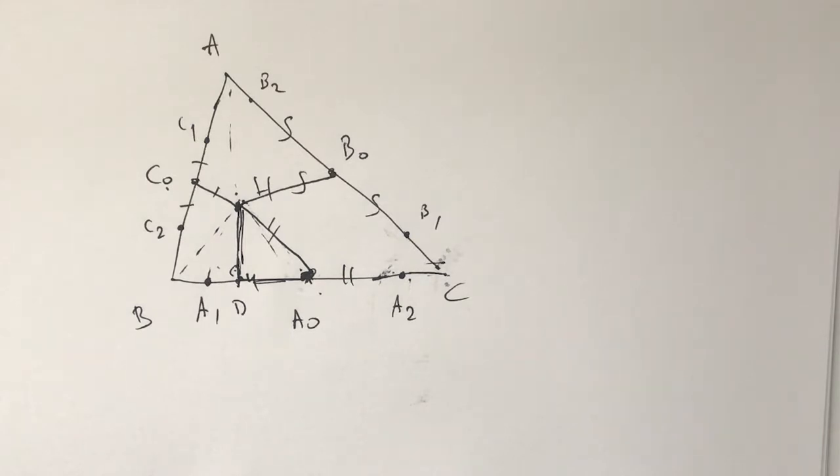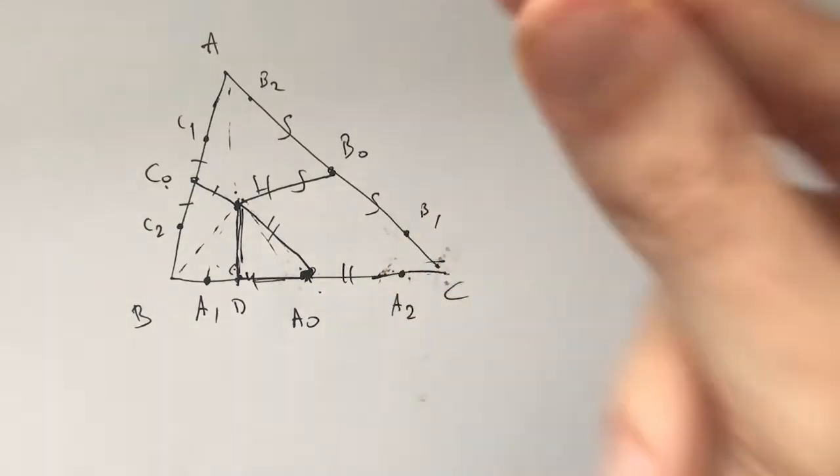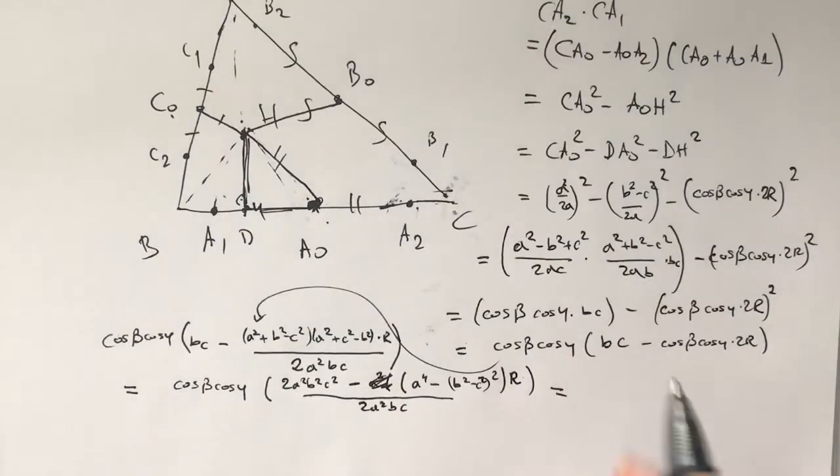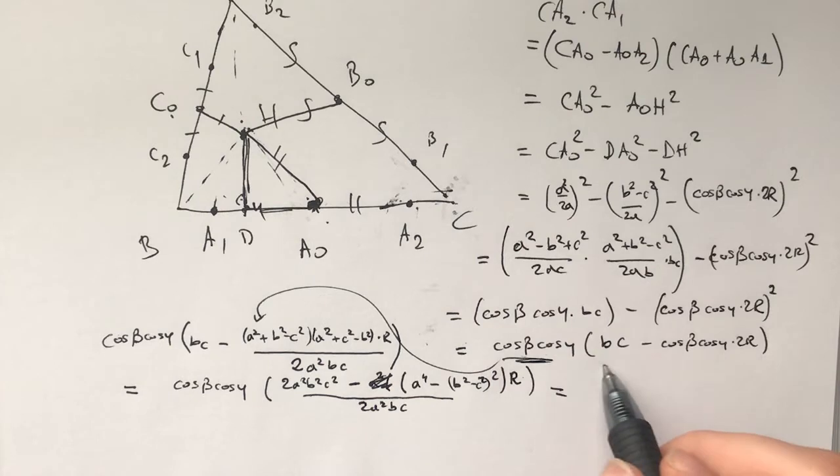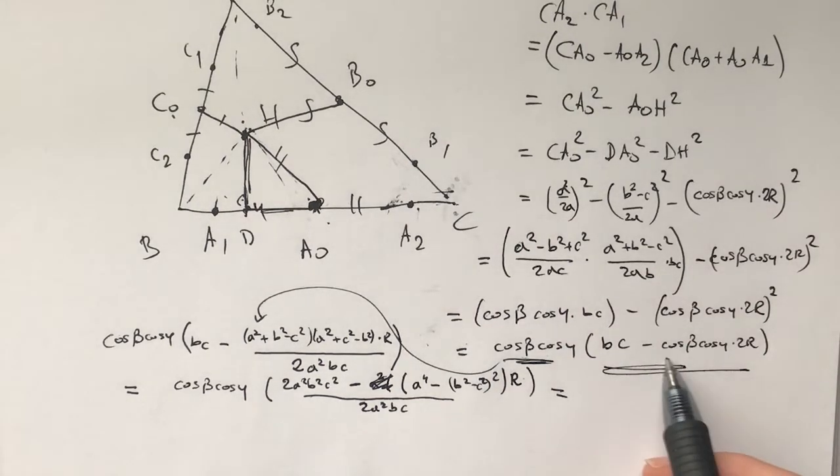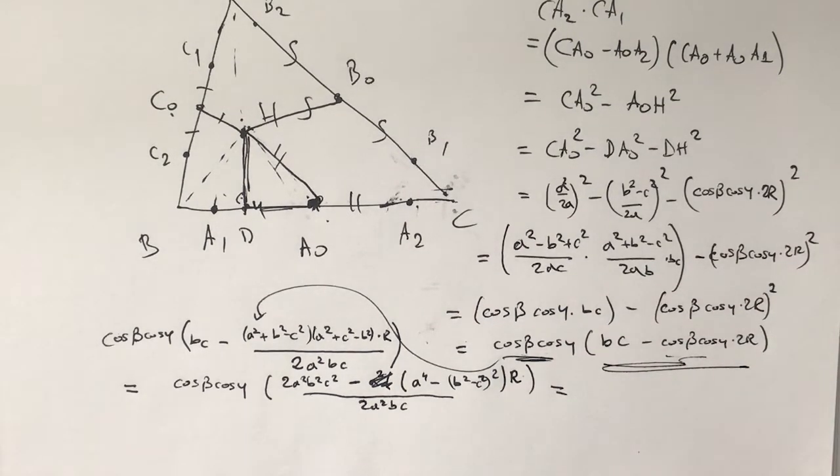And now here, I would give you 10 minutes to see if you would like to do that. The calculations become something like this, where you get that this is equal to cosine beta cosine gamma times BC minus cosine beta cosine gamma times 2r.